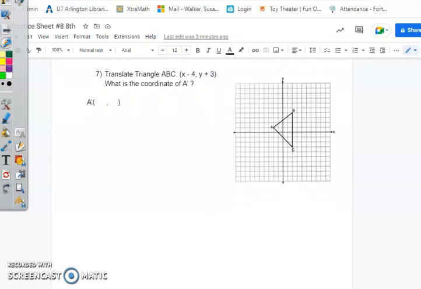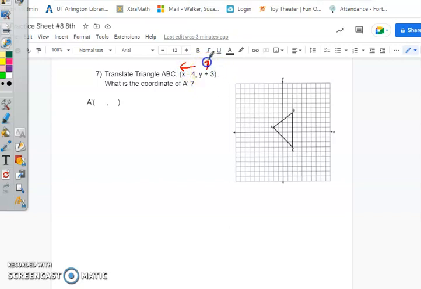And then the last one, number 7, translate the graph x -4, y +3. So that tells me movement. So this is going to have rigid motion. A translation is just a movement. It is not a change in size. So this tells me I move left.